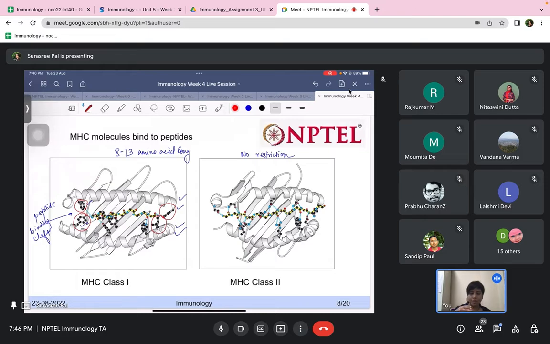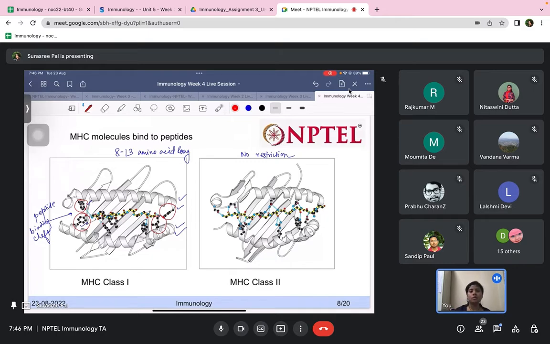So these residues at the two termini of the peptide binding cleft help in binding to the antigenic peptide, and these residues are more or less conserved between several MHC molecules.